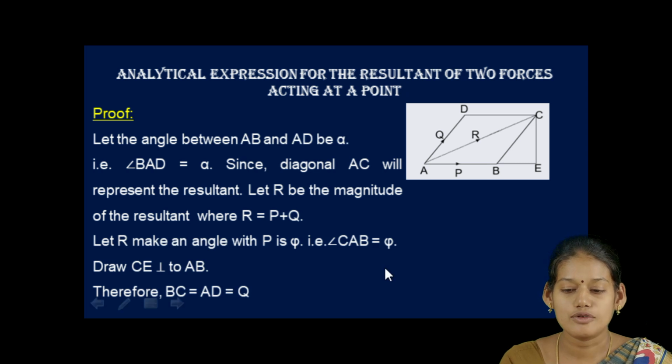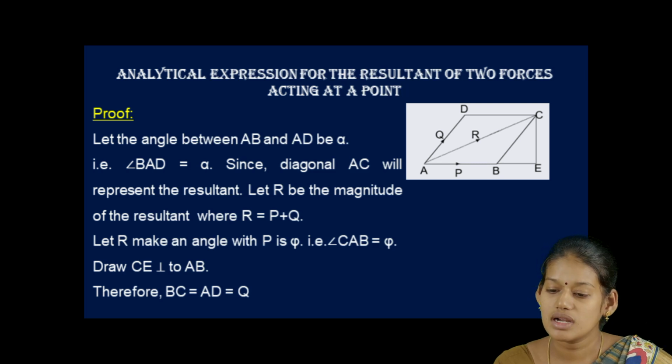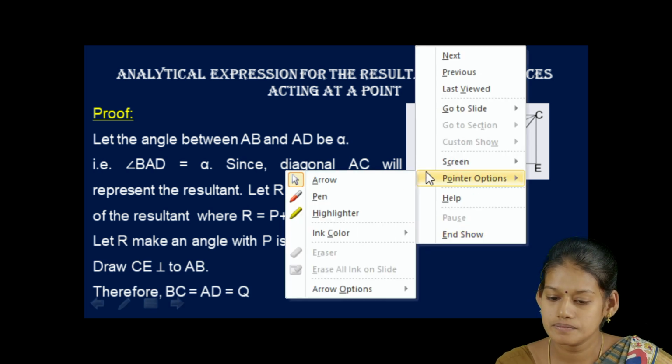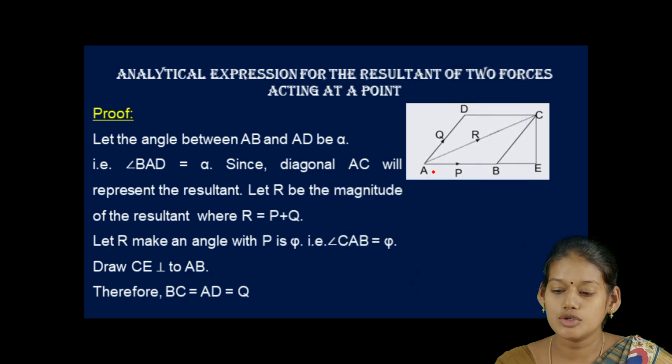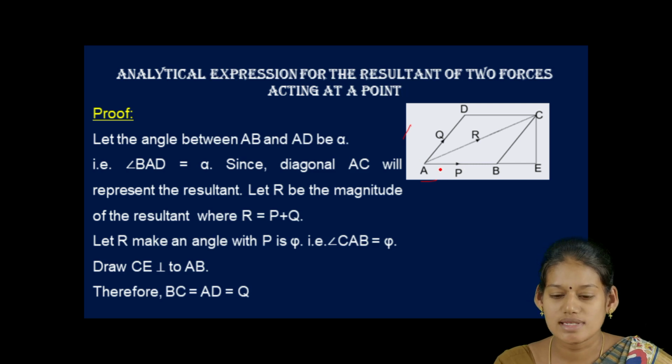Next we deal with the analytical expression for the resultant of two forces acting at a point. Here again we deal with the parallelogram. The two forces P and Q act along the sides AB and AD, and the resultant acts along the side AC.